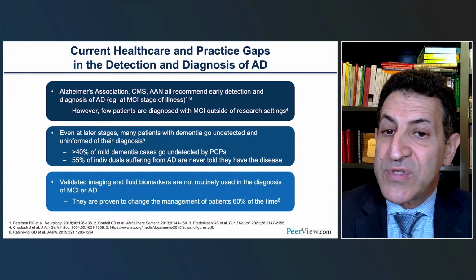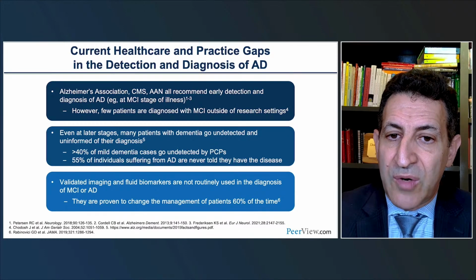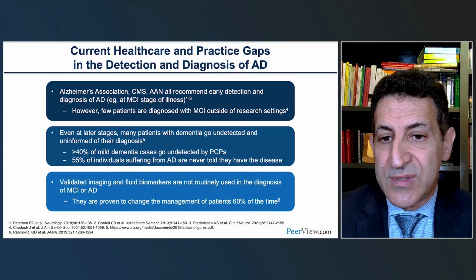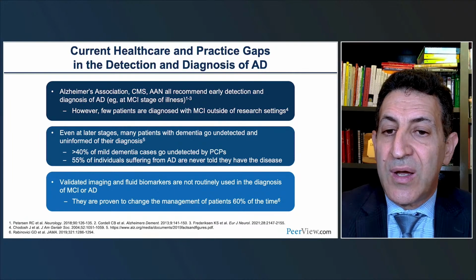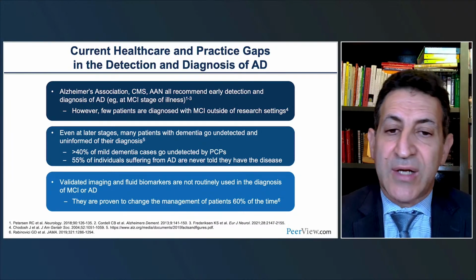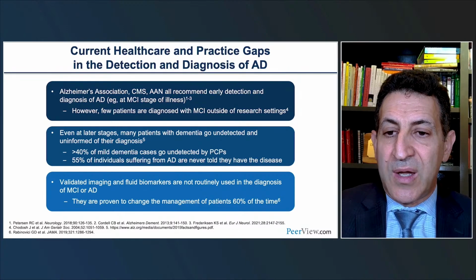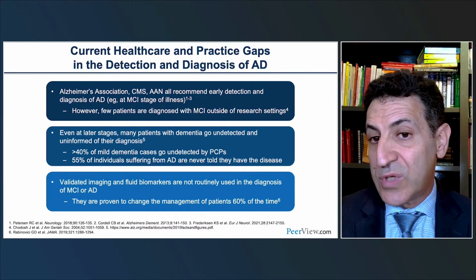Up to 40% of people with even mild dementia are not detected by their primary care physicians, and up to half are never told that they have Alzheimer's disease. Yet, the totality of data suggests that aggressively diagnosing early in the disease course could change the management in up to 60% of patients, according to the new IDEA study, which we'll talk about a little bit later.